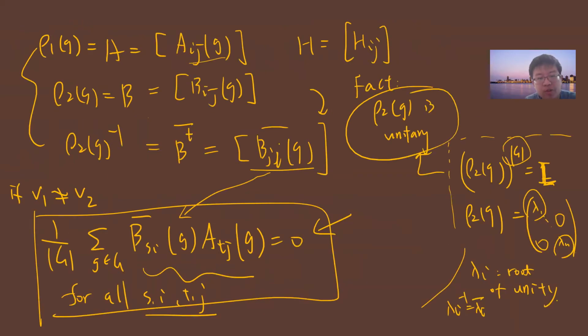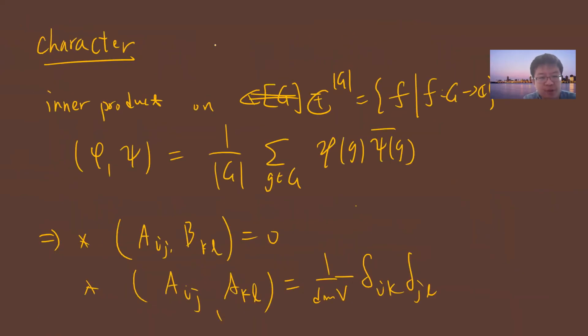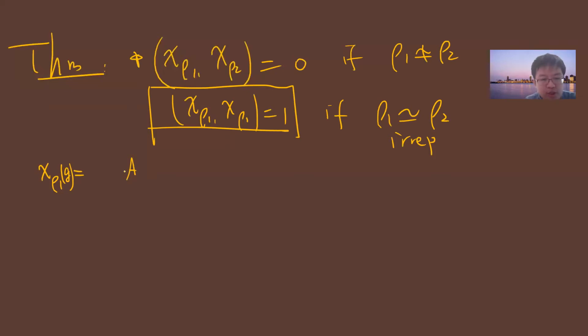From my notation, let's say rho1 is A, so rho1 of g has entries A_ii of g. But it's a trace, so I sum over i. We can prove this by definition.